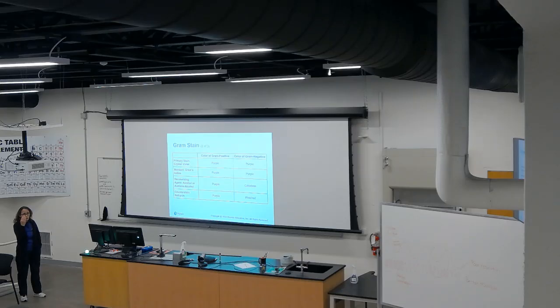But in gram-negative, since you create holes or pores in the plasma membrane, when you rinse, you will have a colorless gram-negative. And then the last step, we'll be adding the counterstain or secondary stain, which is safranin.